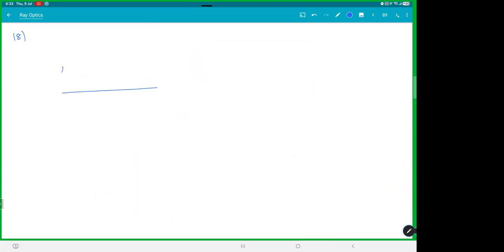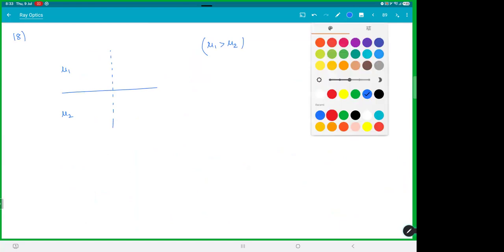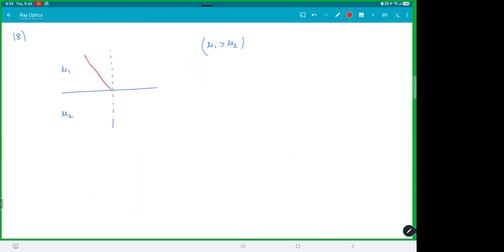So we have a medium here, mu1 and mu2, and mu1 is greater than mu2, so the light ray is going from denser to rarer. If you send a light ray, it goes away from the normal. This is your angle of incidence, and this is your angle of refraction.